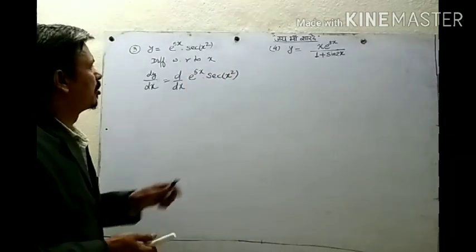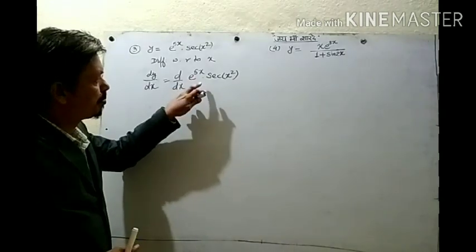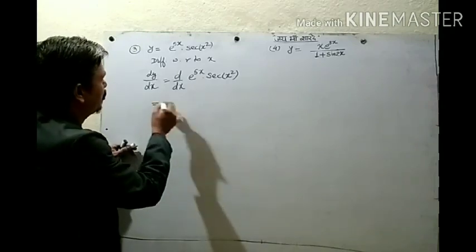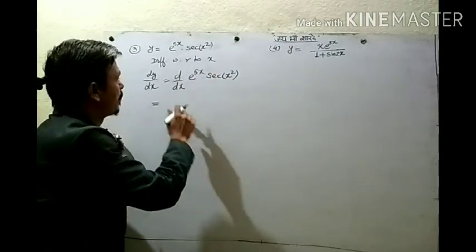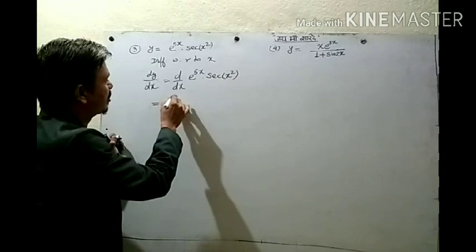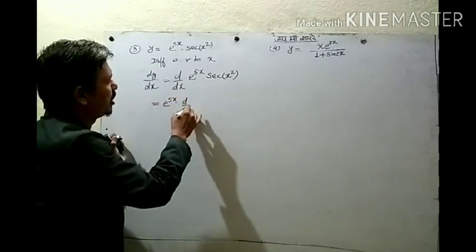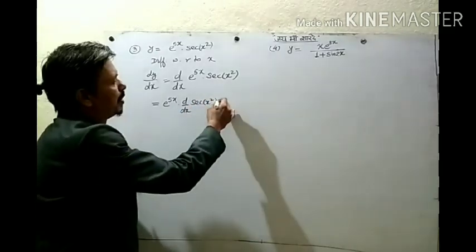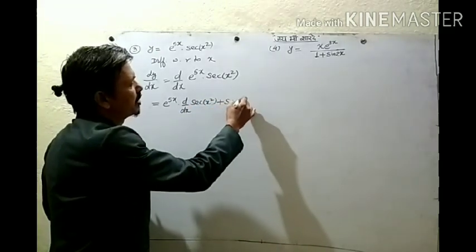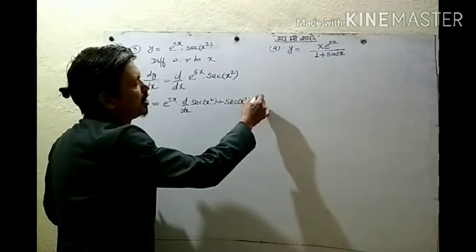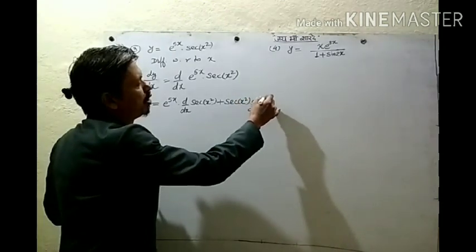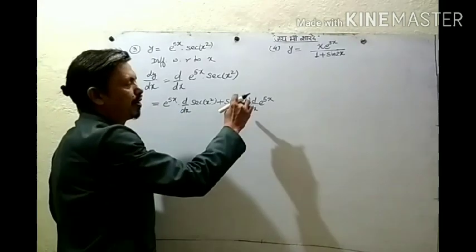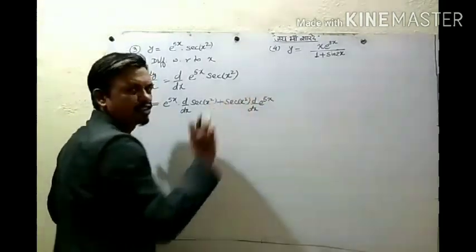Now here it is a product of two functions, so we have to differentiate by the product formula. First function e to the 5x into the derivative of sec of x square, plus second function, sec of x square, into the derivative of e to the power 5x. First into derivative of second plus second into derivative of first.